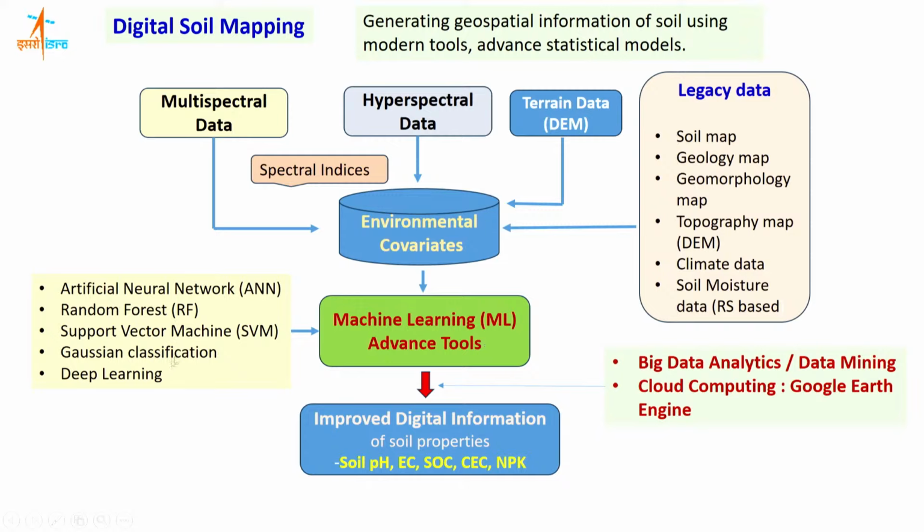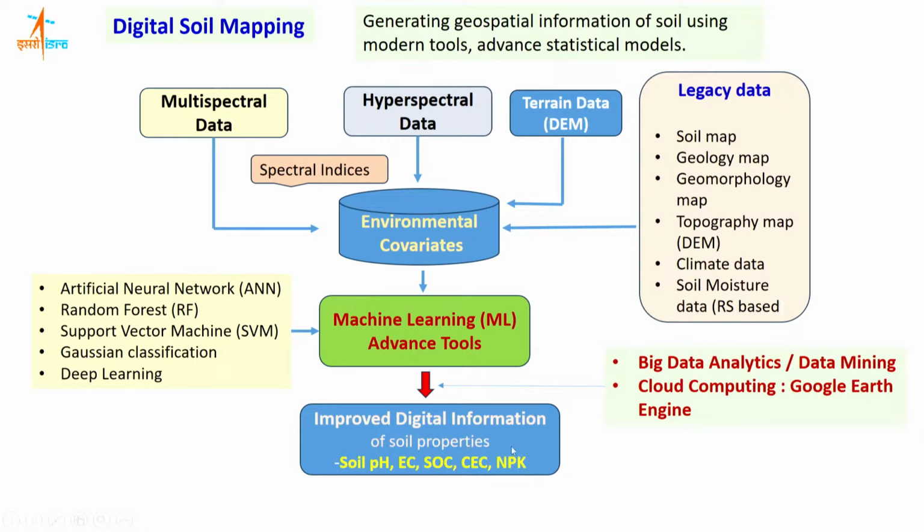We use machine learning methods as a tool. There are various methods in machine learning: artificial neural network, random forest, support vector machine, or deep learning techniques. These techniques take the soil information from the point map and the environmental covariates, analyze them together, and then prepare the soil properties map.